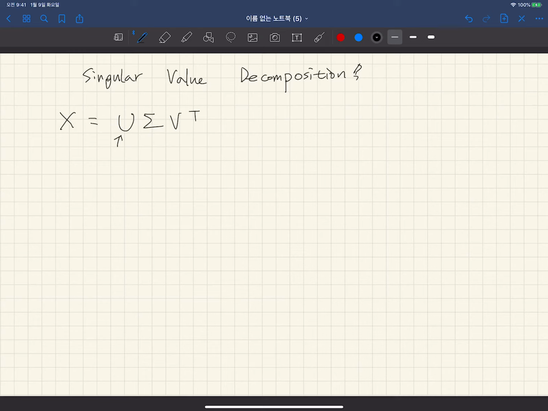This is the left-hand singular vector matrix U, the singular value diagonal matrix sigma, and this is the right-hand side singular vector matrix V transpose.